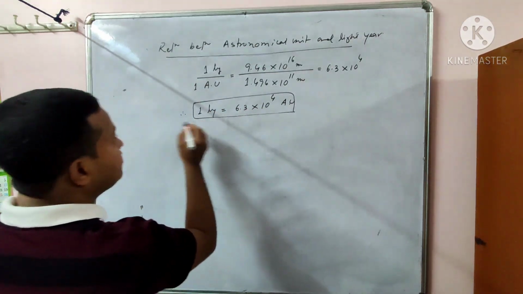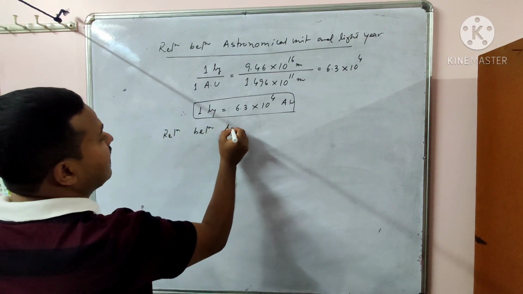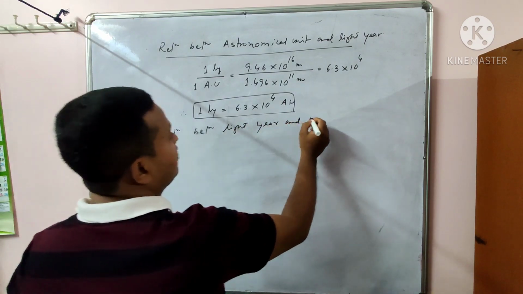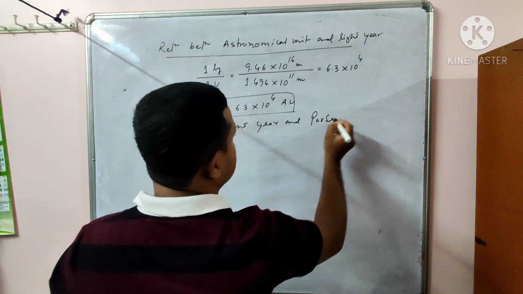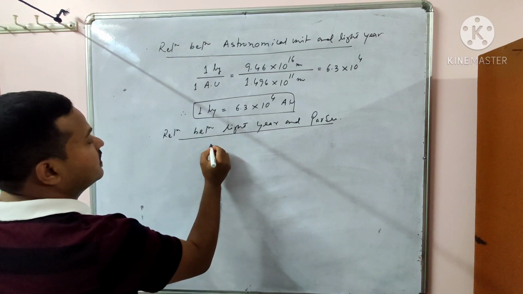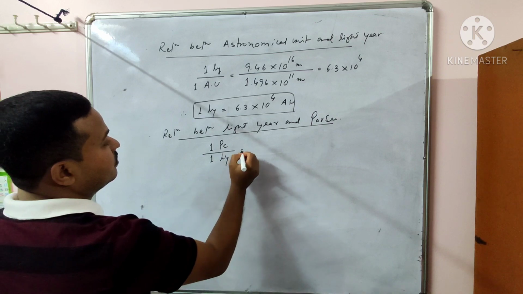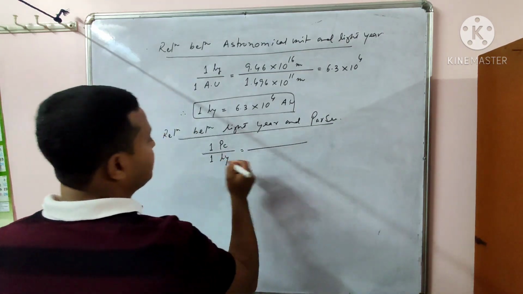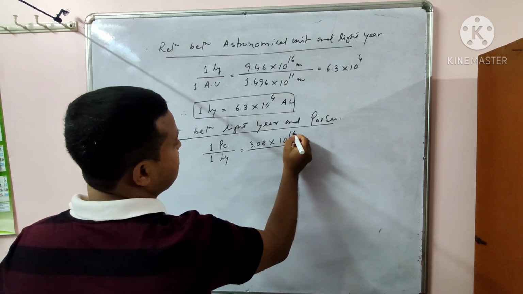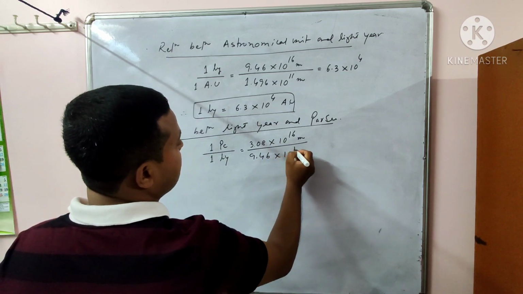In a similar way, you can find the relation between light year and parsec. Here also the same process. It is 1 parsec divided by 1 light year. 1 parsec is 3.08 × 10^16 meter, and 1 light year is 9.46 × 10^15 meter.